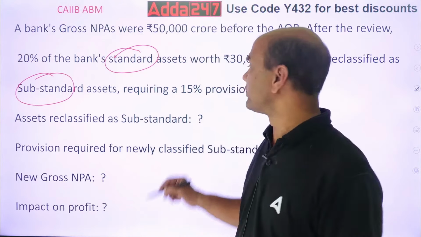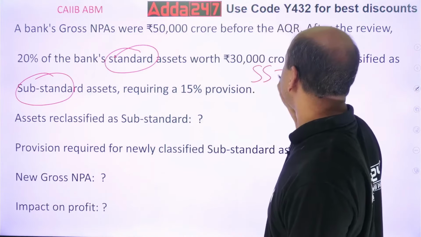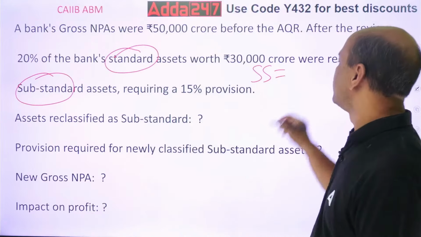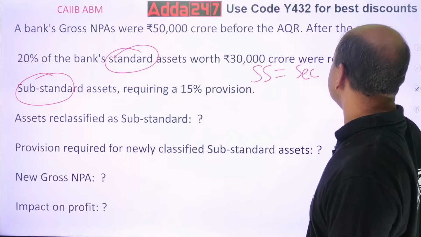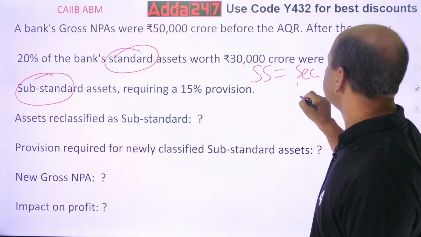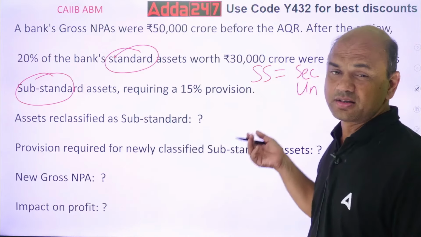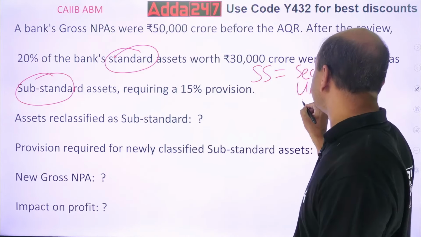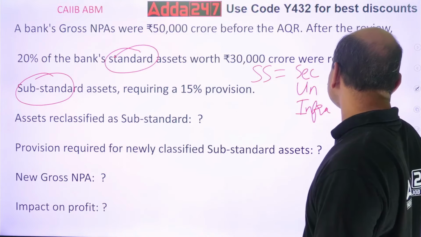Because what is the substandard provisioning? For secured it is 15%. For unsecured it is 25%. And the third one is infra. If it is infra, then it is 20%.